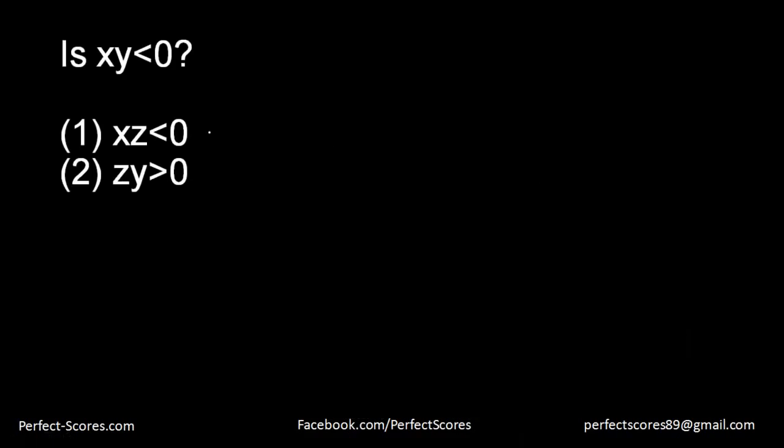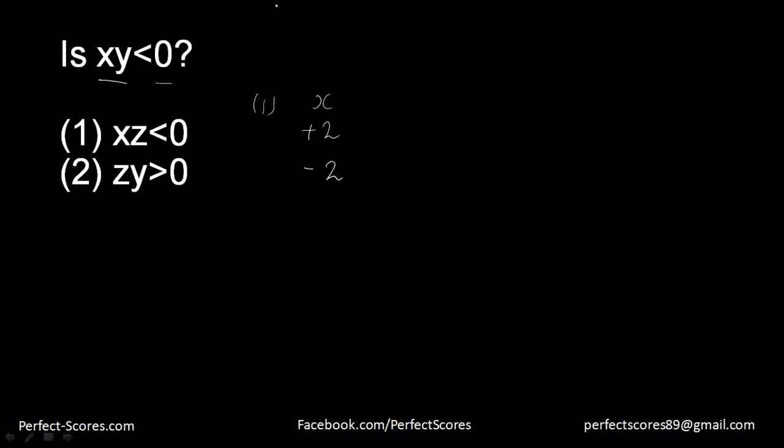Now this says that x into y is less than 0. Statement 1 tells me that x into z is less than 0. So I can exhaust the possibilities of x. x can be a positive number, say 2 works great for me, and x can be a negative number.